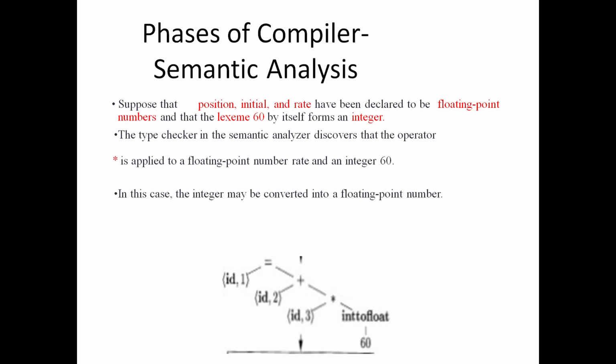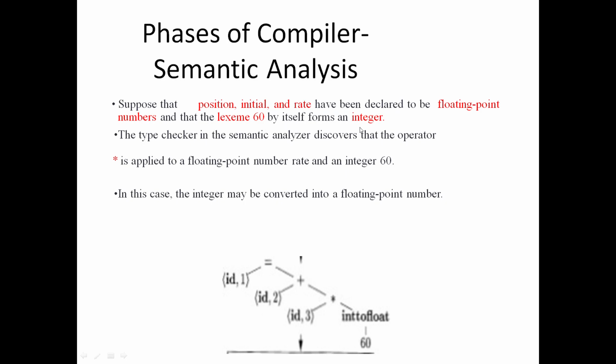This is the third phase, showing how the second phase's output is converted into the third phase. Here, suppose position, initial and rate have been declared as floating point numbers, and the lexeme 60 by itself forms an integer.